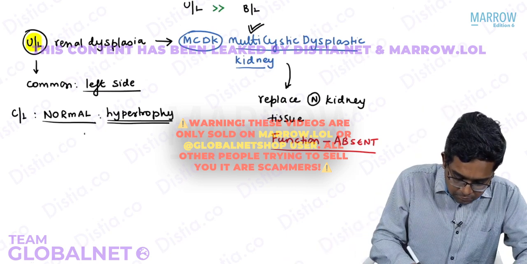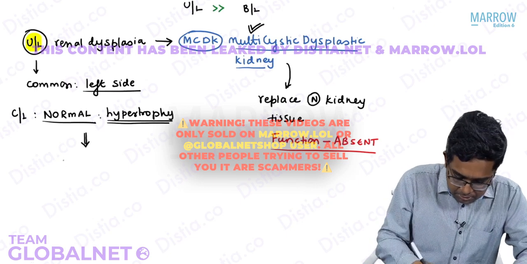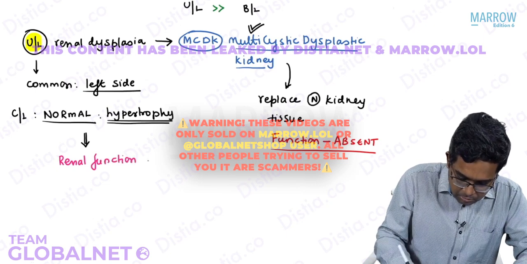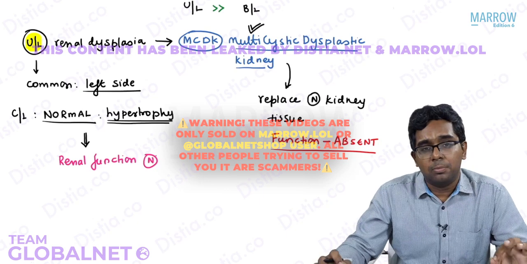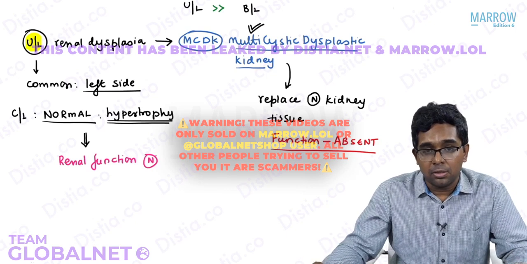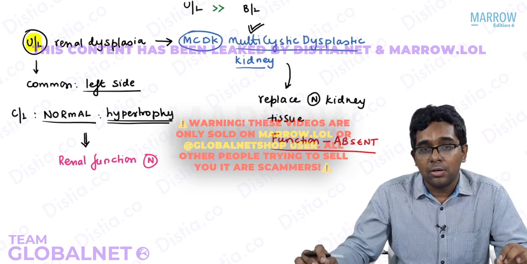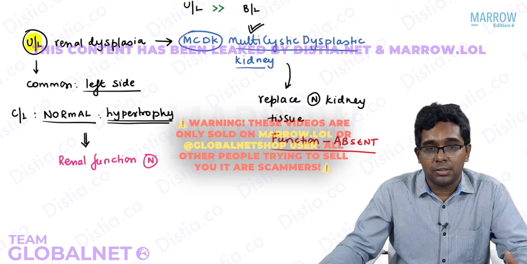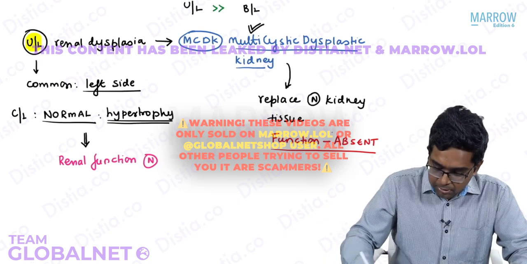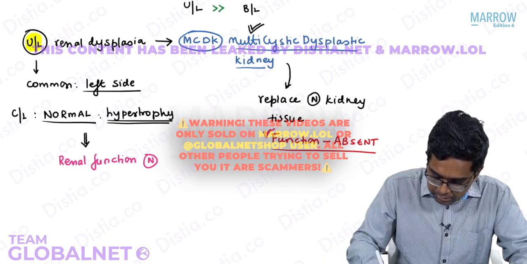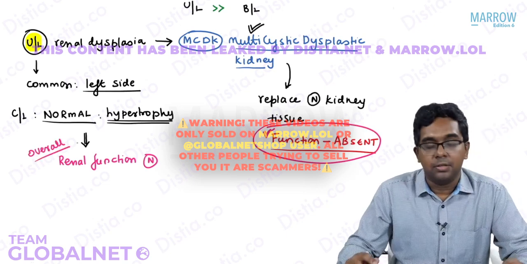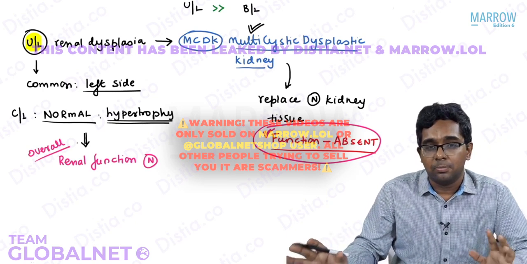So overall, if you see the renal function in these patients, it is normal. That is, if you calculate the glomerular filtration rate or the levels of serum creatinine, everything would be normal because the unaffected kidney has undergone hypertrophy, and this will do more function to compensate for the affected kidney on the other side. Very simple. So remember, the function of the affected kidney is absent, but overall renal function is normal due to hypertrophy of the other normal kidney, right?